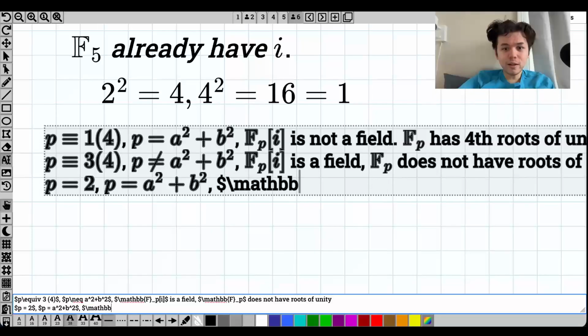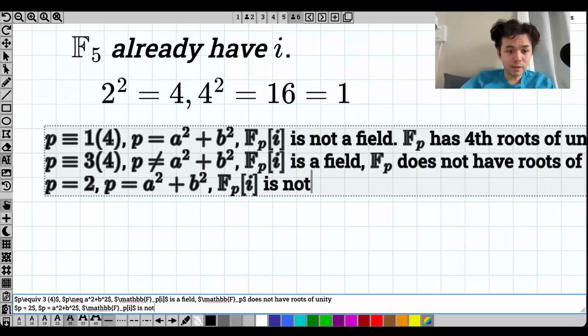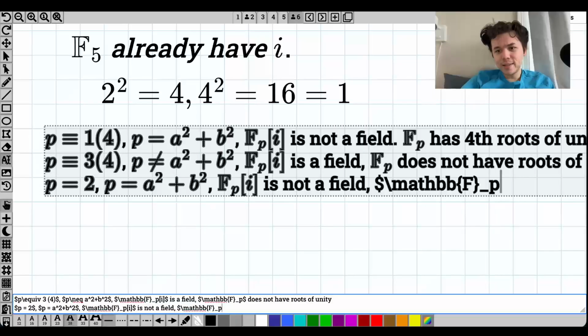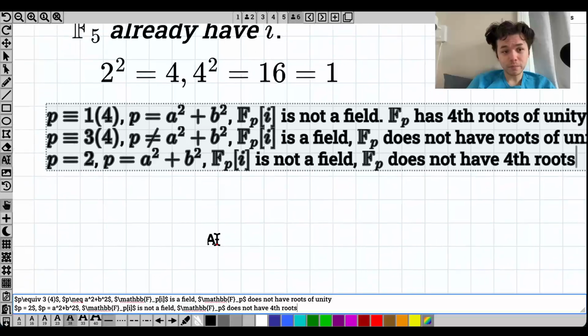And so it looks exactly the same in terms of all of these facts as the stuff before, but it is different structurally. It does not have fourth roots. F2 does not have fourth roots of unity. So it is a little different.